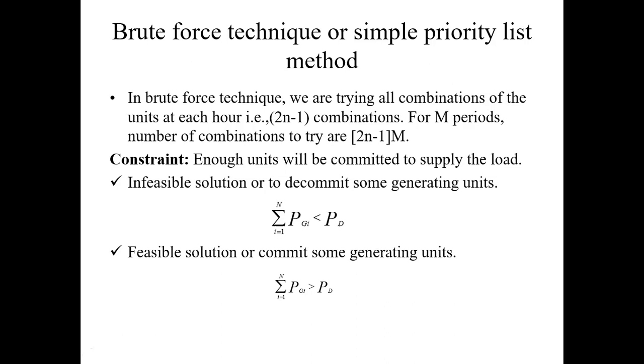The constraint involved in the brute force technique is simply that the units will be committed to supply the load. If the total number of units is being supplied with a particular demand, that demand has to be satisfied by committing enough units.